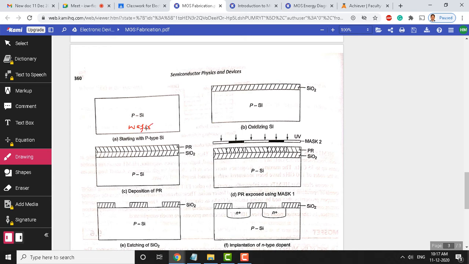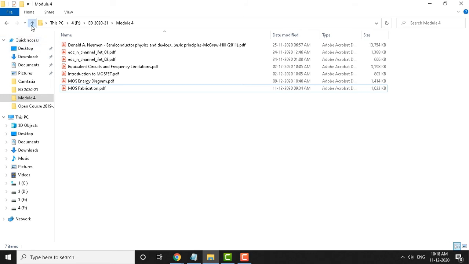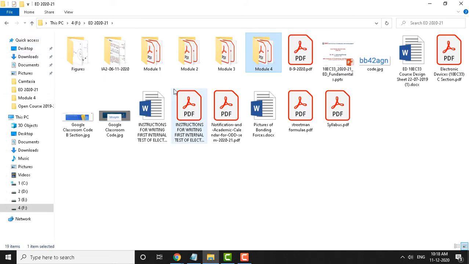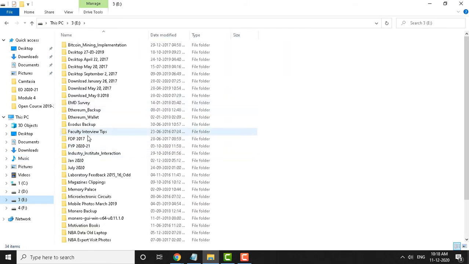Those who don't have an idea of how a wafer looks, I will take you to the wafer diagram. Let me show you the wafer.